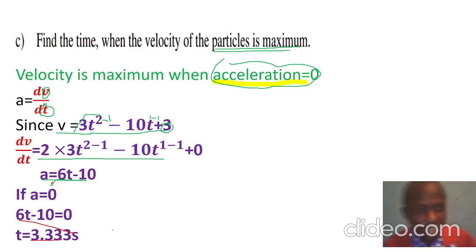That is when the velocity is maximum. So you need to know that from SVA, displacement, you want to get velocity from displacement, you differentiate. You want to get the acceleration from velocity, you differentiate.